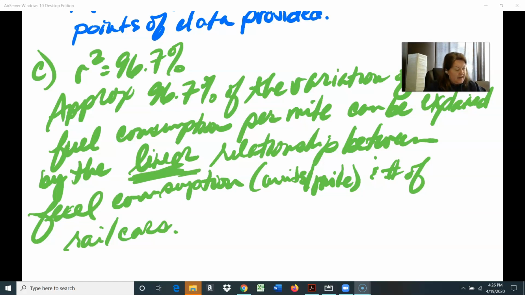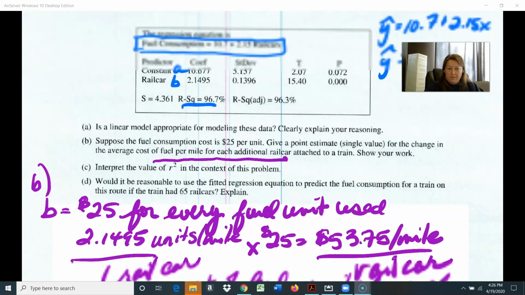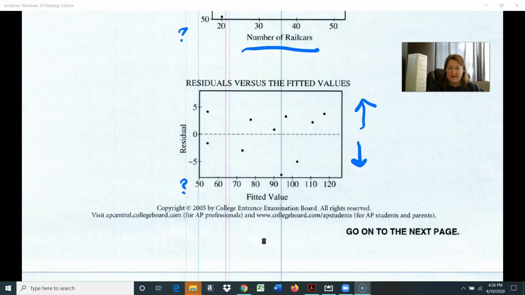Okay. And then last question, part D, says, would it be reasonable to use the fitted regression equation to predict the fuel consumption for a train on this route if the train had 65 rail cars? Explain. So what am I looking for here? Is it okay to predict out to 65 rail cars? They're asking me, am I going to be doing any extrapolation?